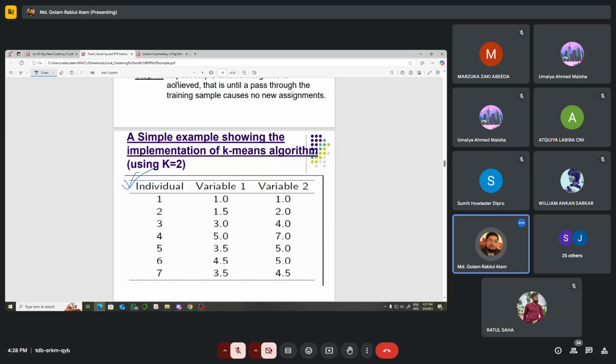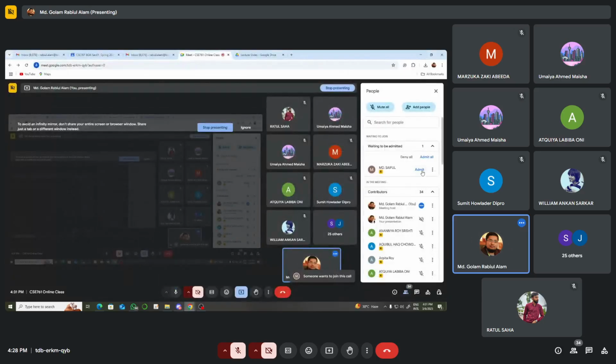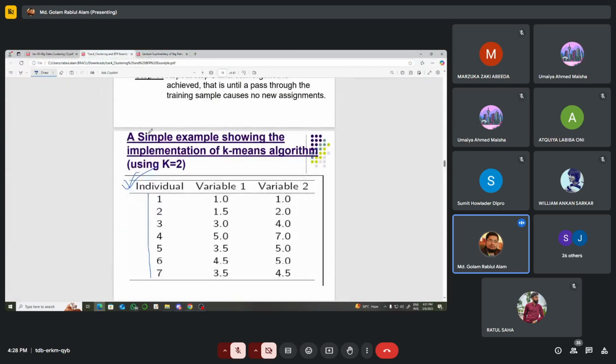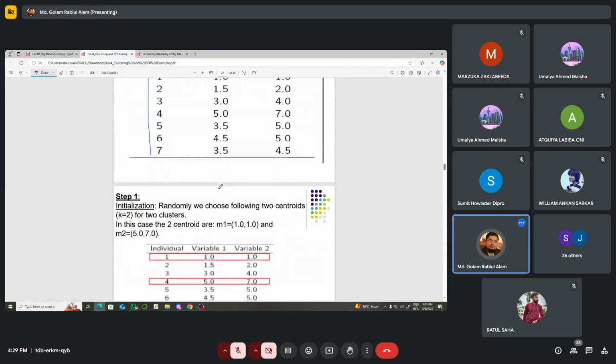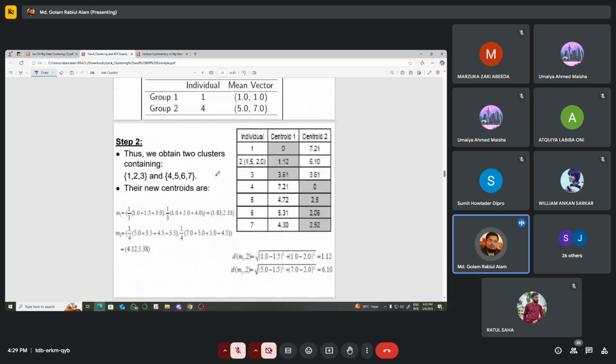That means in this case we have just 7 individuals in our data set, and this is the whole data set we consider. Then we can think that we want just 2 clusters, so we assume the value of k is 2, and then we follow the basic k-means clustering algorithm.